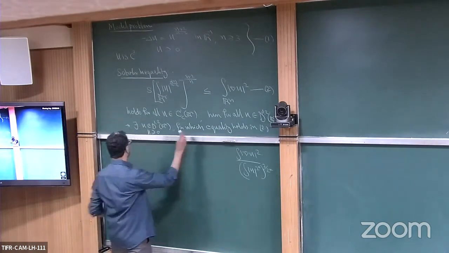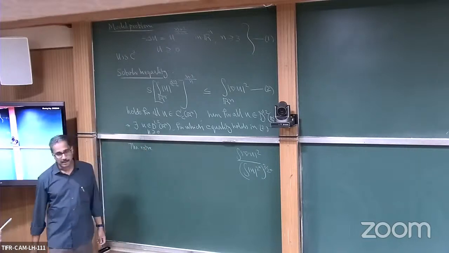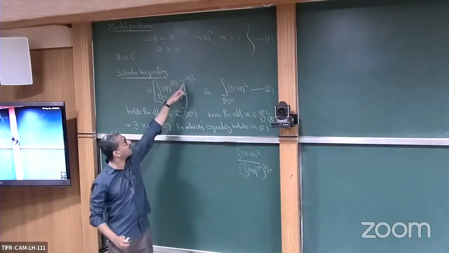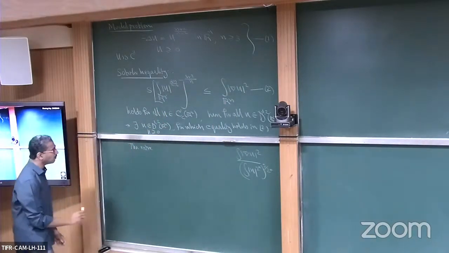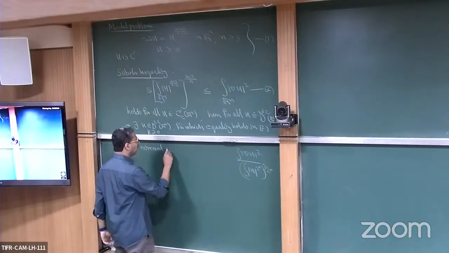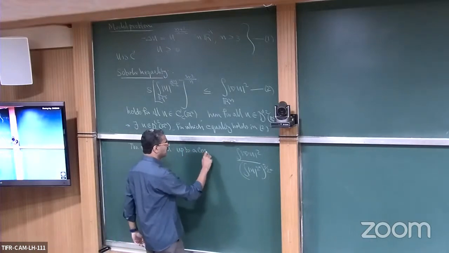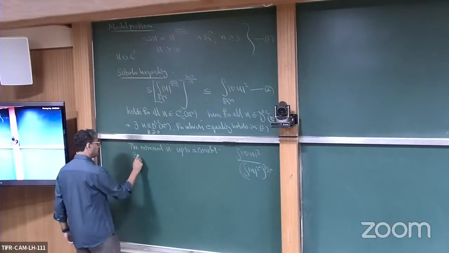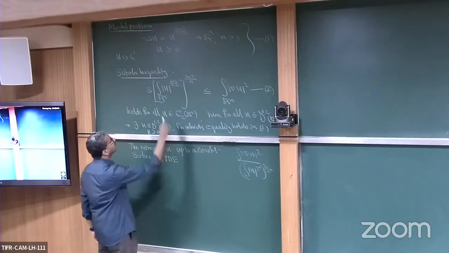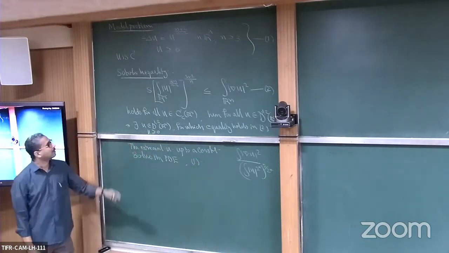So what you can show is that the extremal u, up to a constant, solves the equation.